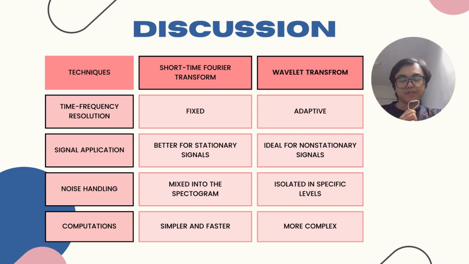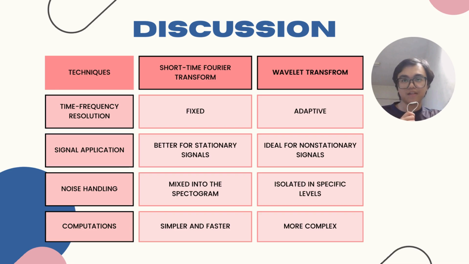As for the comparison between STFT and WT, time frequency resolution for STFT is fixed while WT is adaptive. That's why we saw the wavelet transform has a lot of waveforms rather than the spectrogram's only one. And then for signal application, STFT is better for stationary signals, while wavelet is much more ideal for non-stationary signals.